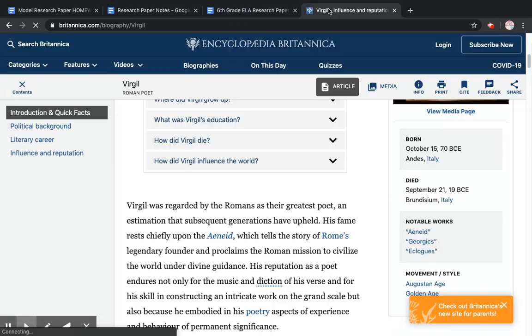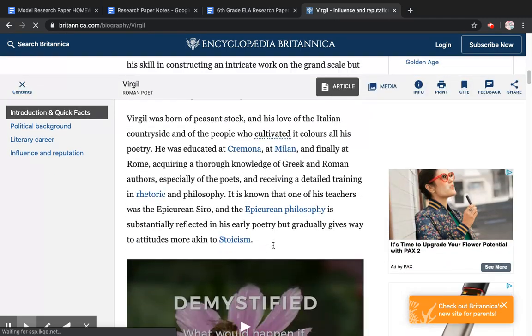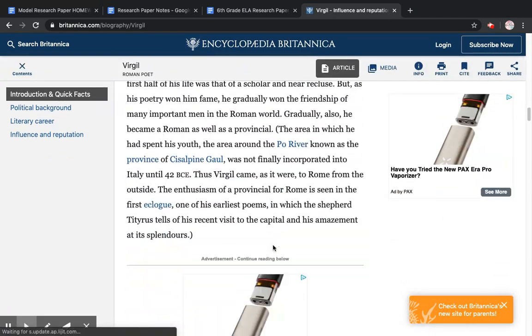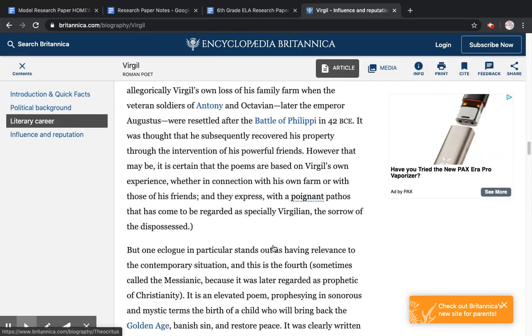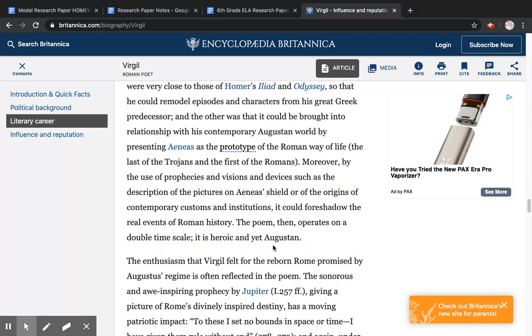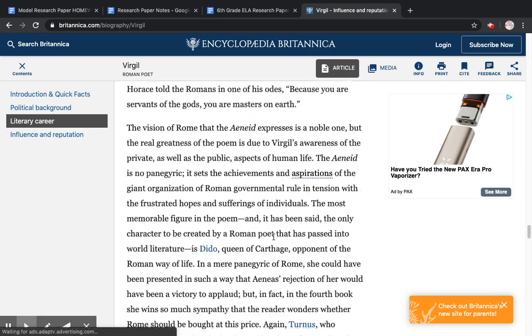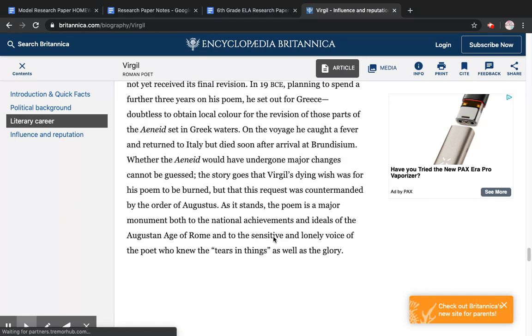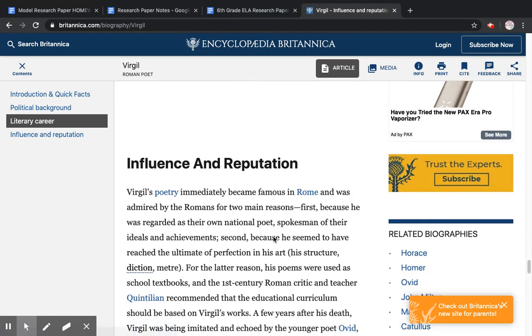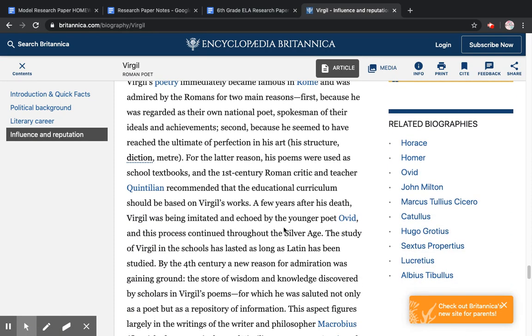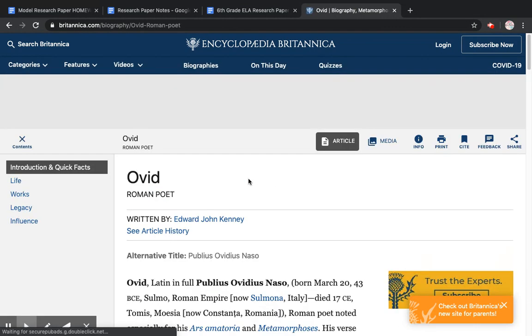Now, what was interesting about this article is that it also talks about Ovid, but when it talks about Ovid, there's a link to another Encyclopedia Britannica page that gave me that. Sometimes articles will have these links, so you can click on it and it will take you to what it's talking about.